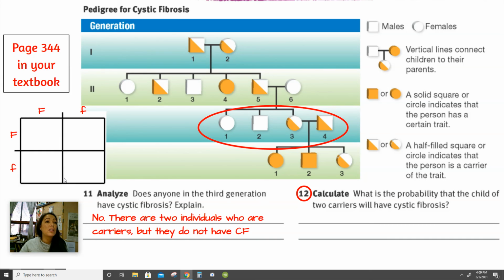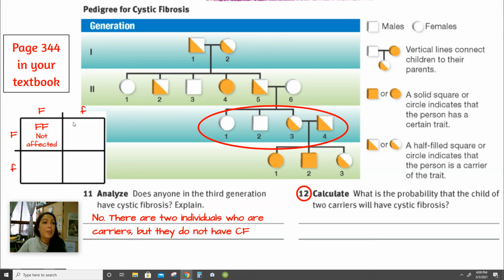So I'm going to cross a parent who is heterozygous and a parent who's heterozygous, and I'm going to see what's my probability that these parents are going to have a kid with cystic fibrosis. So my first offspring possibility is capital F from top, capital F from the left, not affected. They don't even carry it.